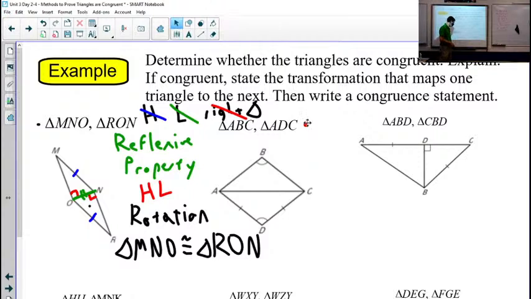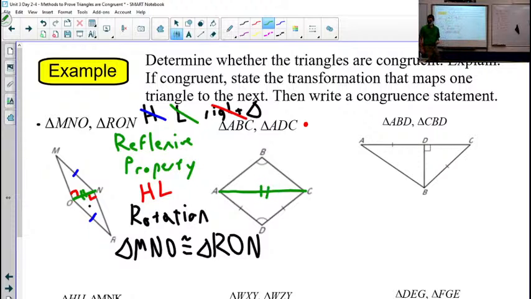Which side? The reflexive property here, the shared side, is this side right here, A to C. A to C is the side that's in both triangles.